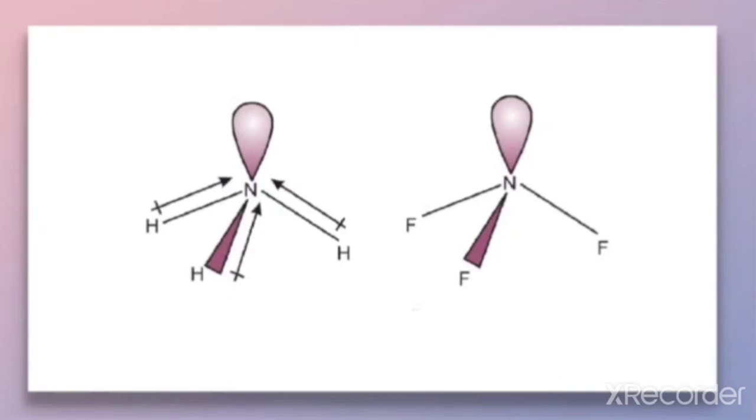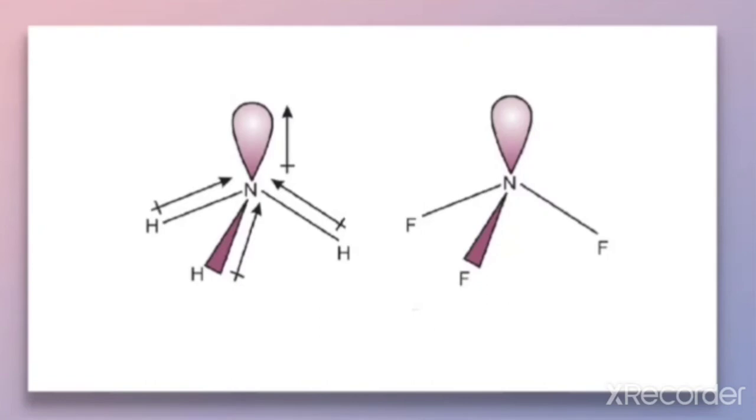So the orbital dipole due to the lone pair, we can say it will be in this direction, because the lone pair direction will be in this way. In the case of NF3, when you compare the electronegativity of nitrogen and fluorine, definitely fluorine is more electronegative.